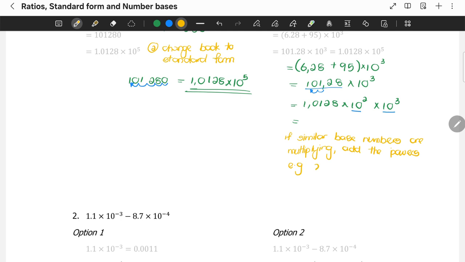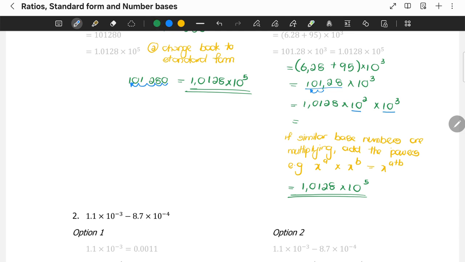For example, if you have x to the power a times x to the power b, that's going to be x to the power a plus b. So when we look at it, here we have 10 to the power 2 times 10 to the power 3. That's going to be 1.0128 times 10 to the power 2 plus 3, that's 5.